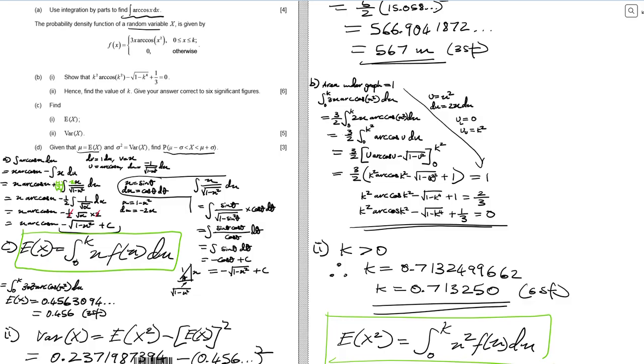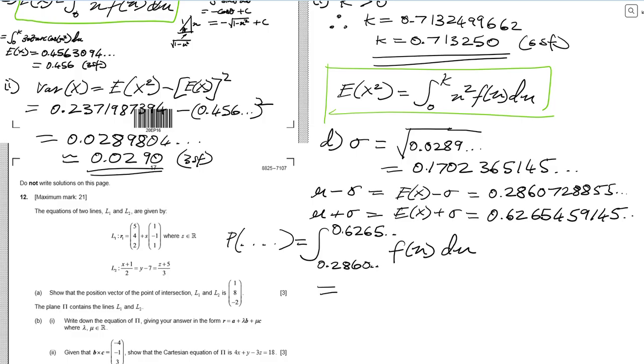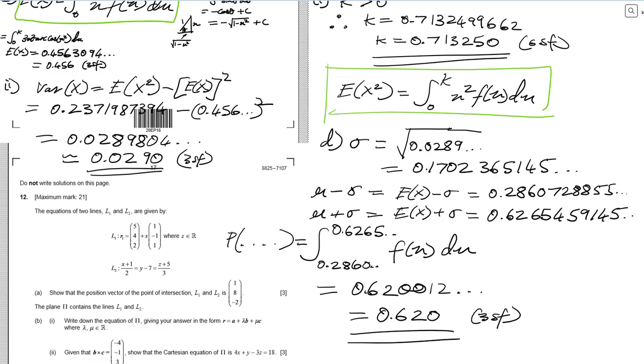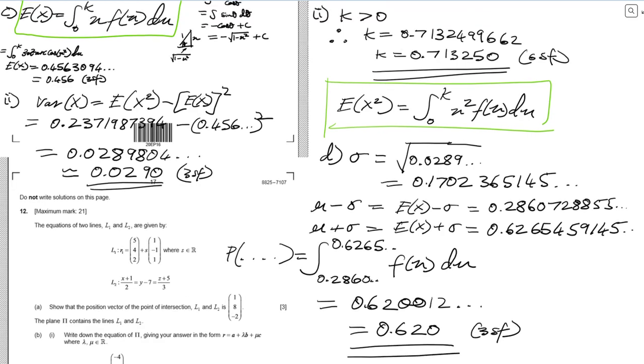Okay, that should be enough. And what I get is, let's see, 0.6200012 and so on. And that is 0.620 to 3SF. That is our probability.